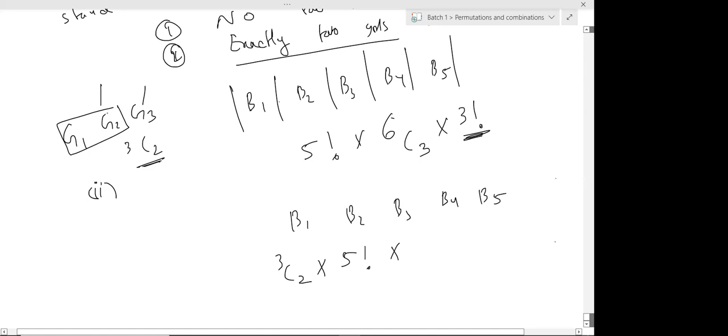Now I need only 2 gaps, right? One is this bundle, one is this G3. So out of 6, I need to choose 2 gaps, 6C2. Now these can be arranged internally, 2 factorial. And in this bundle, they can be rearranged. So 2 factorial for that. This is the answer.